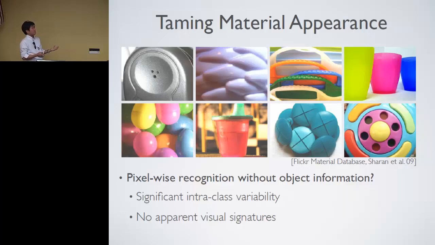The second problem, even worse, is that we don't know what makes all these look plastic. We don't really know what features we should make the computers look for to recognize them as plastic. But if you really think about it, there has to be some information, because we can actually tell that these all look plastic, right?